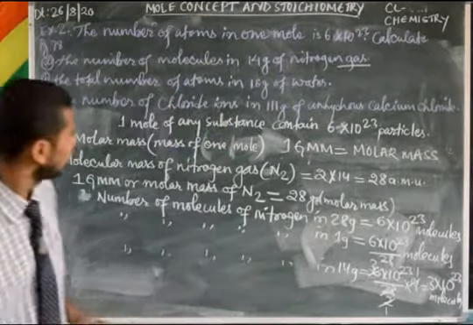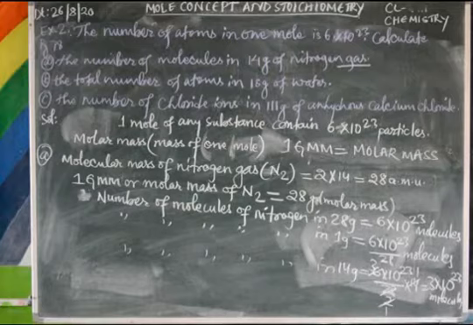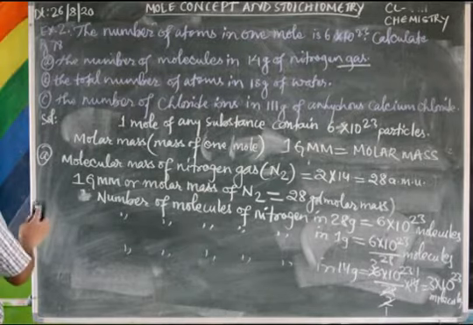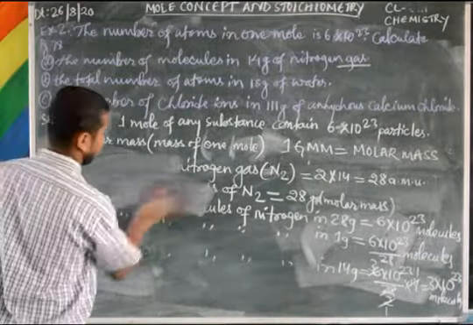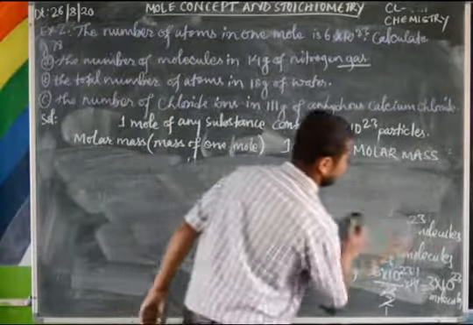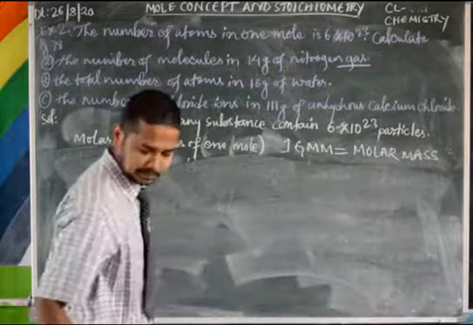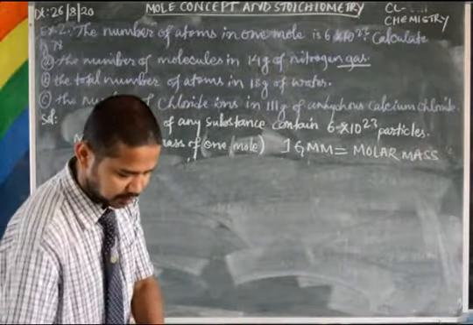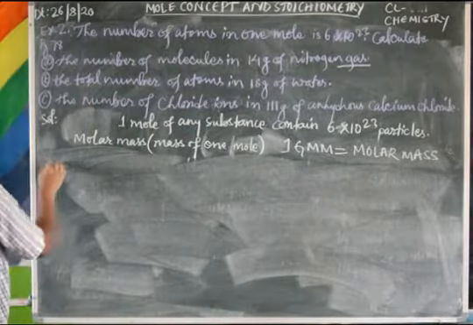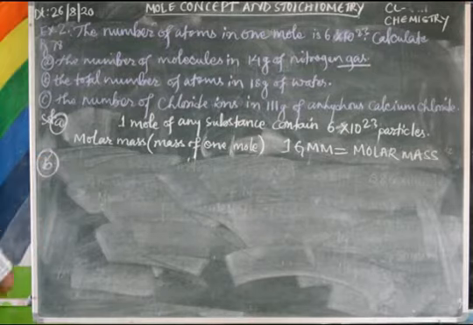Okay. Then, what is question number B? This is A we have done, then B. The total number of atoms in 18 gram of water.